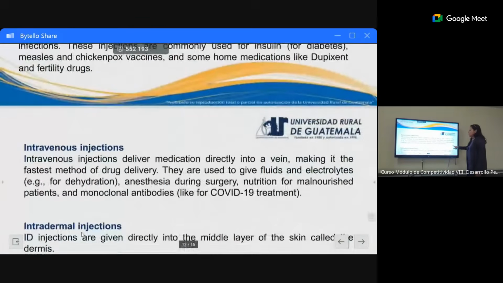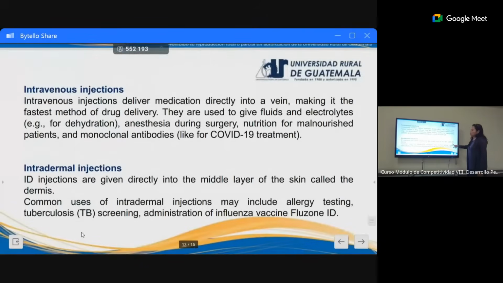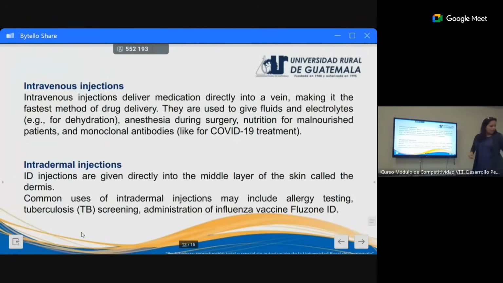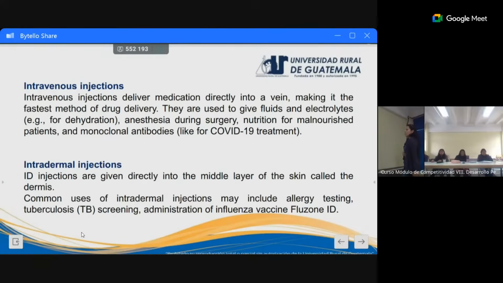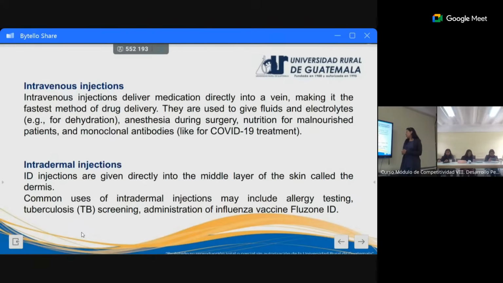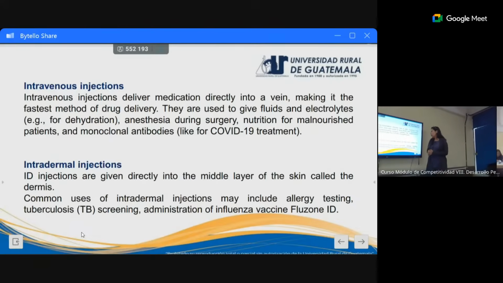And then we have intradermal injections, that's the meaning of ID. They are given directly into the middle layer of the skin called the dermis. Common uses of intradermal injections may include allergy testing, tuberculosis TB screening, and administration of the influenza vaccine, or flu zone.